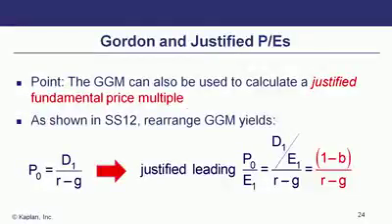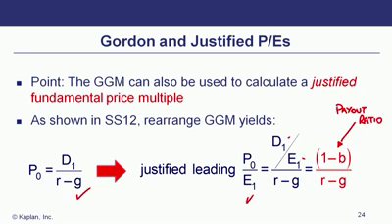Right, justified price multiples. We said we'd do this in study session 12, but we might as well see it whilst we're here. P0 is D1 over R minus G, your classic Gordon growth model. Well, let's divide both sides by E1, and we get P0 over E1 is D1 over E1 over R minus G. D1 over E1 we know and love as 1 minus B, the payout ratio.